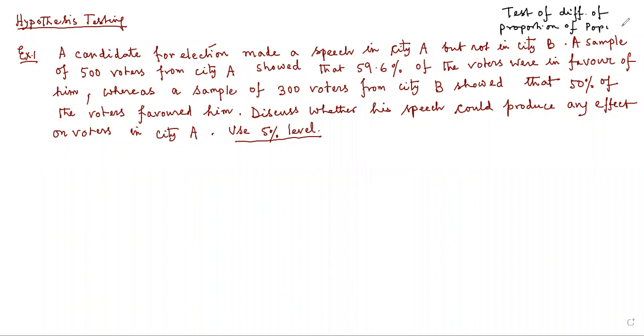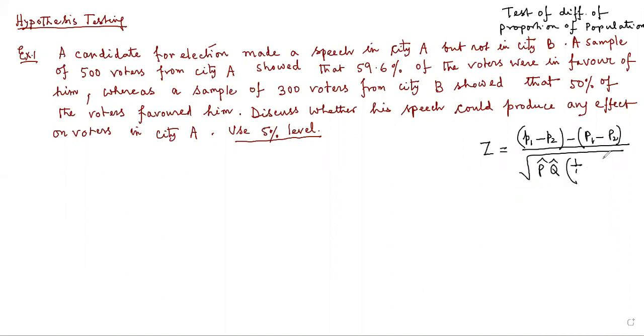This is a case which has already been discussed by us, and you very well know the statistical tool that we use is given by the following formula: small p1 minus small p2 minus capital P1 minus capital P2, divided by root over P cap Q cap times (1 by N1 plus 1 by N2).